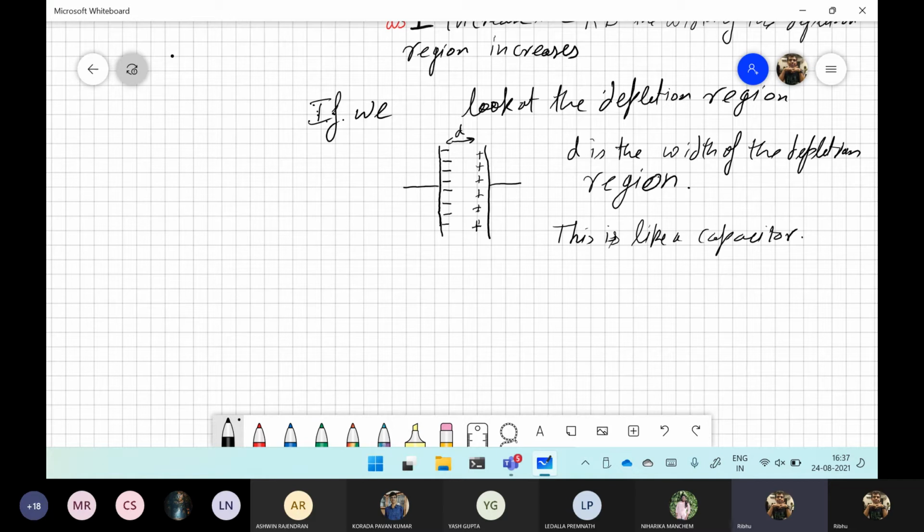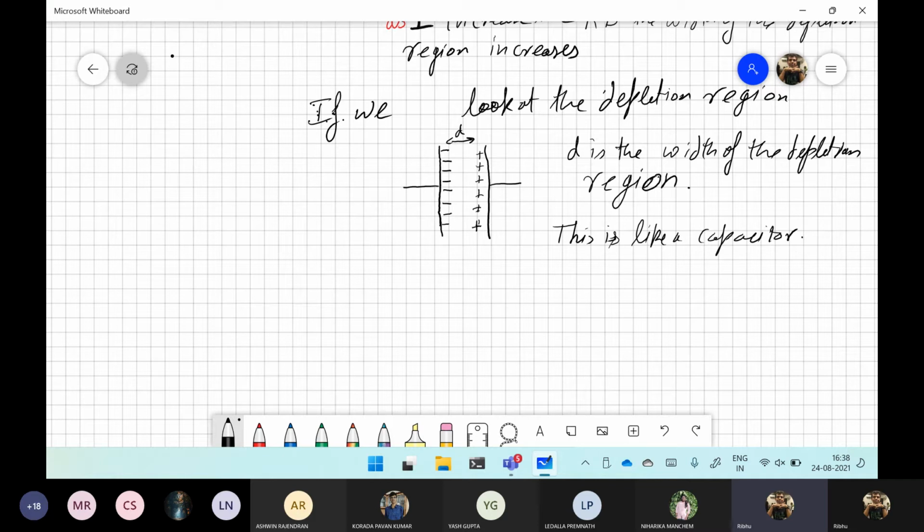Like in the case of light emitting diodes, Zener diode, you have done all of this or no? Yes, sir. So in a Zener diode, we use the voltage limiting property of a diode to our advantage, for limiting the voltage across any circuit.